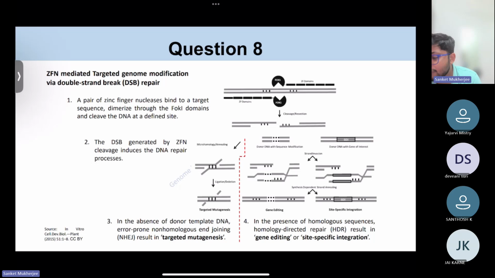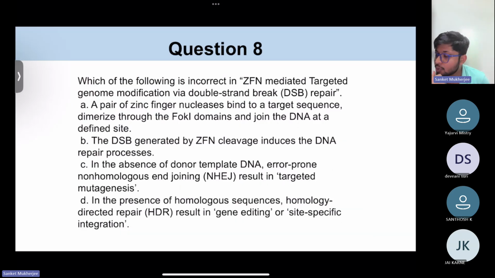In the absence of donor template, there is non-homologous end joining and targeted mutagenesis. In the presence of homologous sequence, there is homology-directed repair, which results in gene editing or site-specific integration. So what was wrong here? A is wrong. You're right.